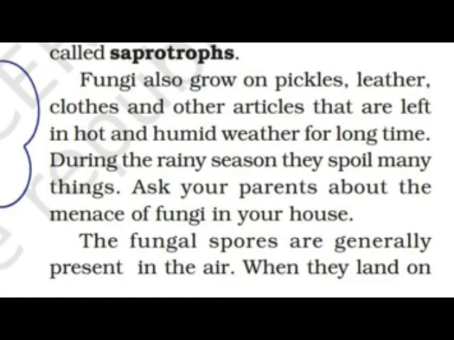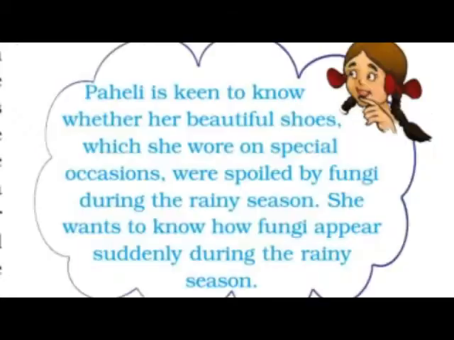You should know that the fungal spores are present mostly all the time in the air, and when they get the proper atmosphere or specific temperature, then they land on wet and warm things, and they germinate and grow.